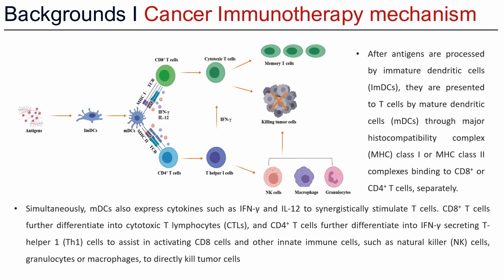After antigens are processed by immature dendritic cells, in short IMDC, they are presented to T cells by mature dendritic cells through the major histocompatibility complex class 1 or MHC class 2 complexes binding to CD8 or CD4 T cells separately.